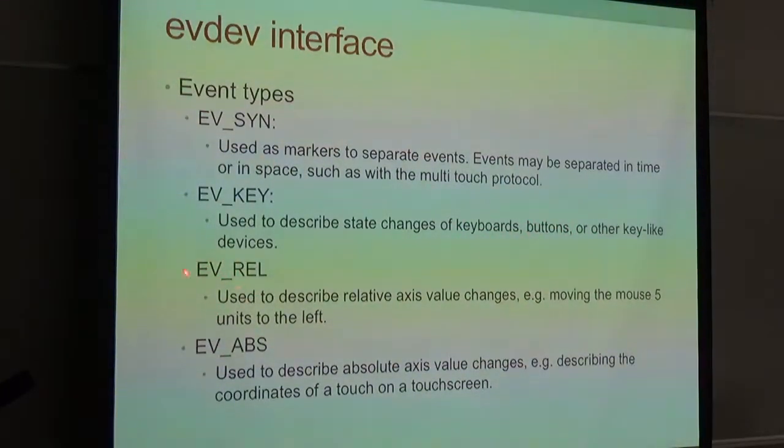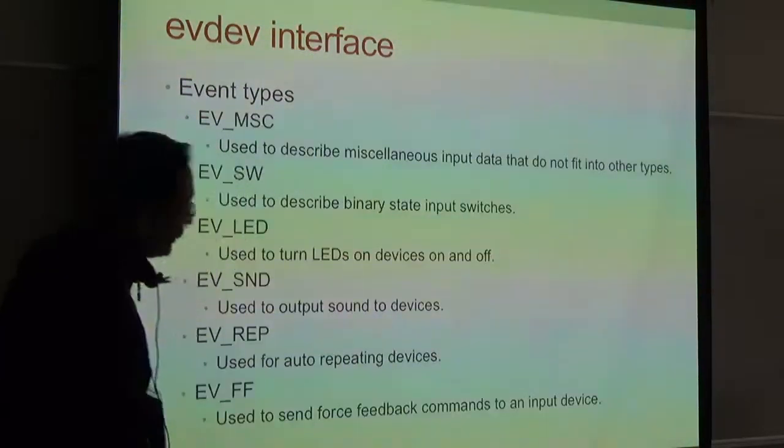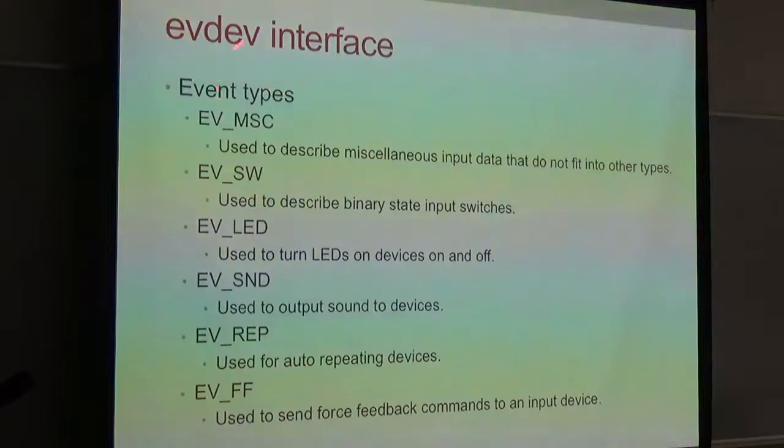Then EV_REL is used to describe relative axis value changes, like moving the mouse 5 units to the left, etc. And then EV_ABS is used to describe absolute axis value changes, describing the coordinates of touching on touch screens. So these are the event types.